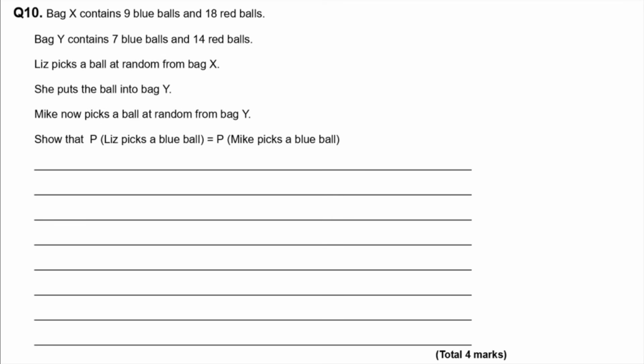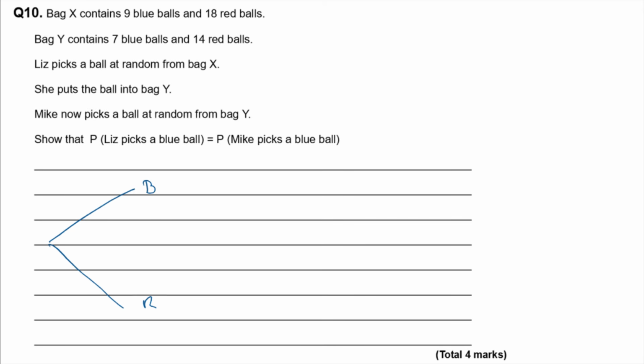Okay. Right, so let's just sketch out the probability tree for this particular situation. So first selection, that's when Liz is picking a ball from bag X. Okay, so there are blue and there are red. What's the probability of getting a blue ball?